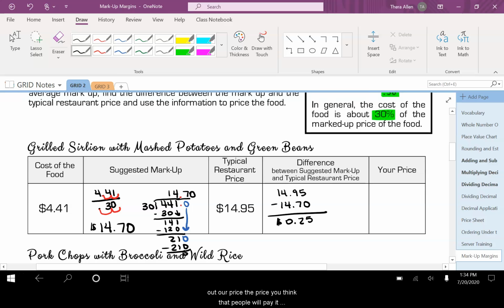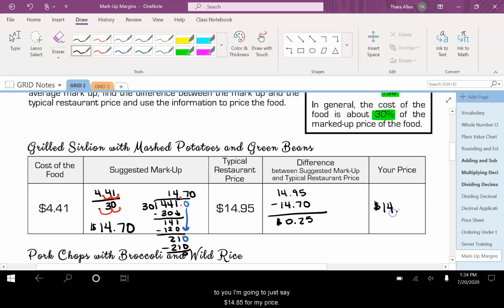Now we need to figure out our price, the price you think that people will pay. It should be between the suggested markup and our typical restaurant price. This is any price that you want to pick. You could pick $14.71, $14.94. It's really up to you.